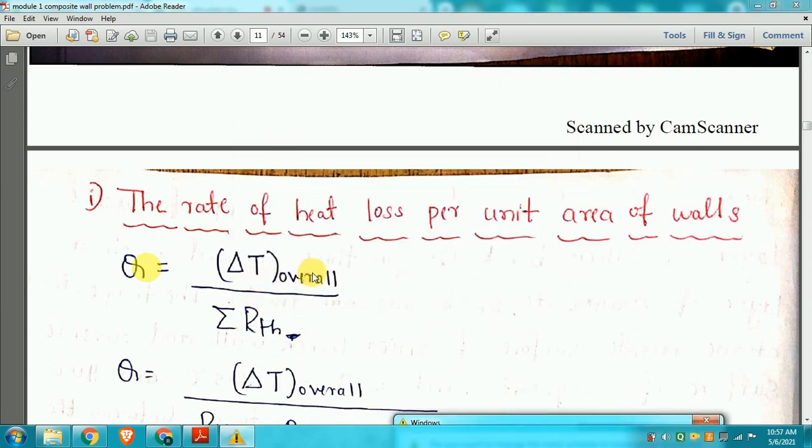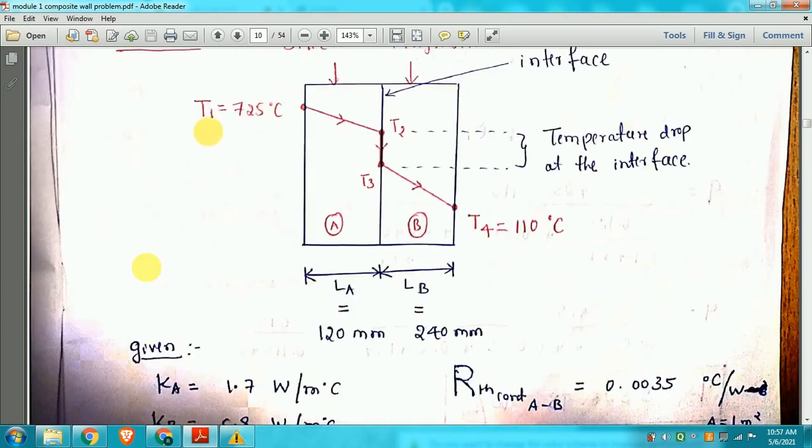Delta T overall, as this figure shows, is T1 minus T4. For R_TH overall, you consider the thermal resistance for this layer, the thermal resistance because of this temperature drop, and the thermal resistance because of this layer. So totally three things will be considered.